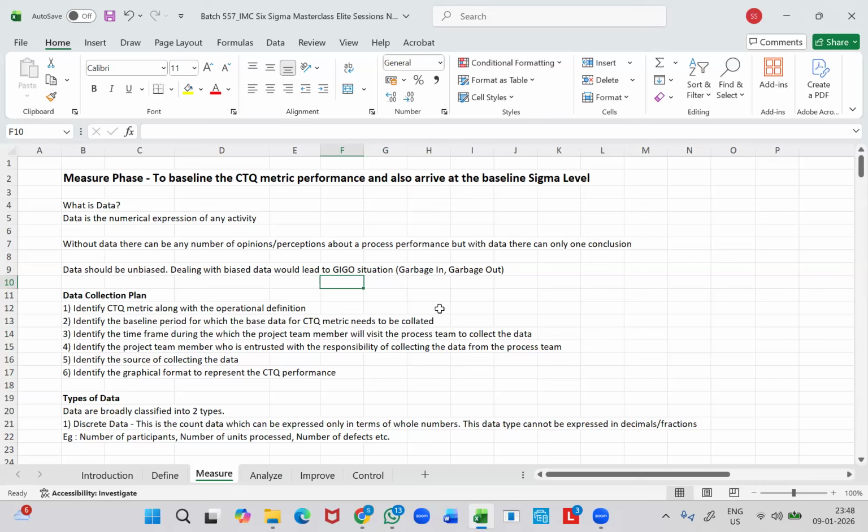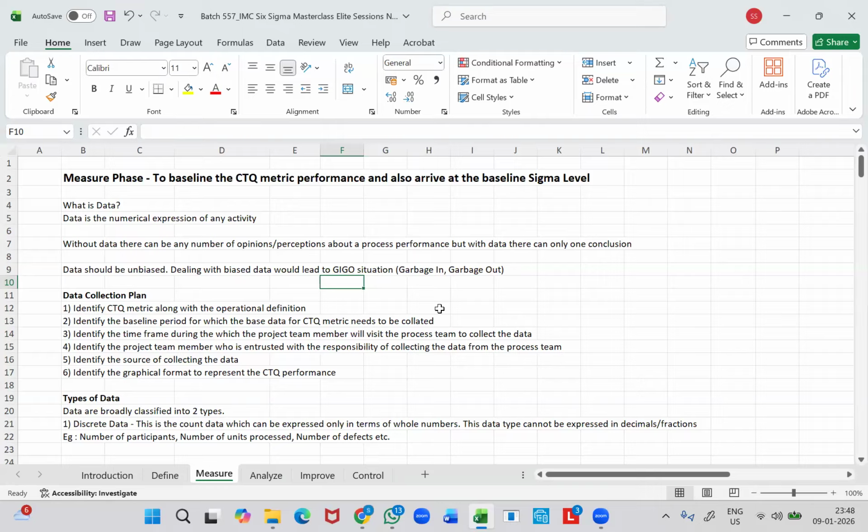So there is merit in expressing something in numerical terms, but we also need to ensure that whatever data we are collating is absolutely valid. And there is an exercise to validate the correctness of the data collated, and that exercise is called measurement system analysis, which we are going to see as part of the measure phase.